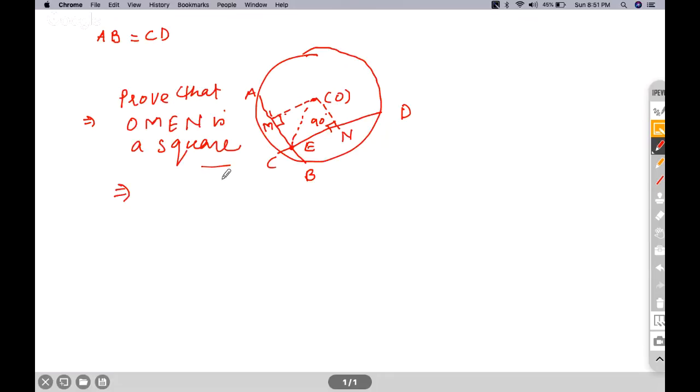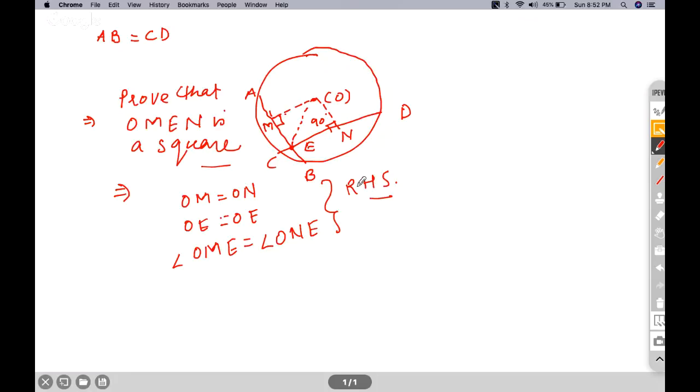If these are midpoints, I've already given you this is perpendicular. So you know that OM is equal to ON and OE is equal to OE, and angle OME is equal to angle ONE. So by RHS congruency, sorry, not RHS, what is this?